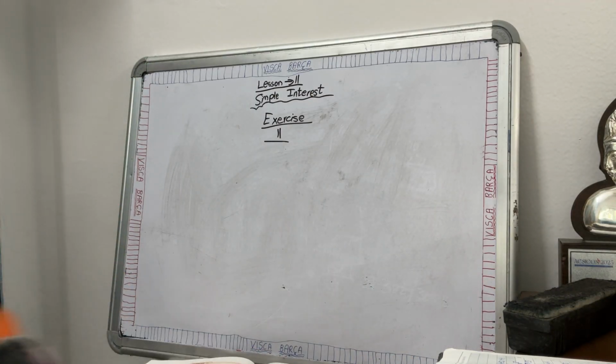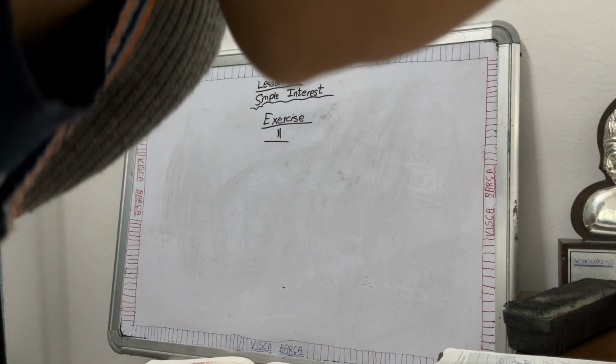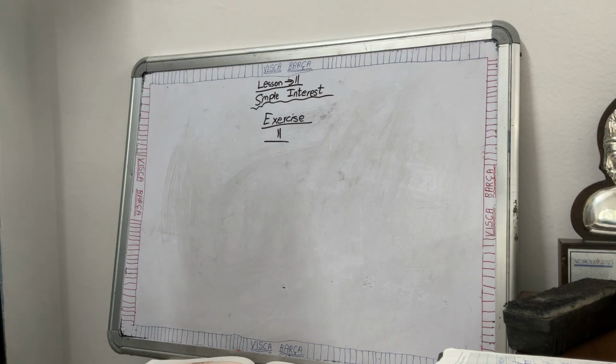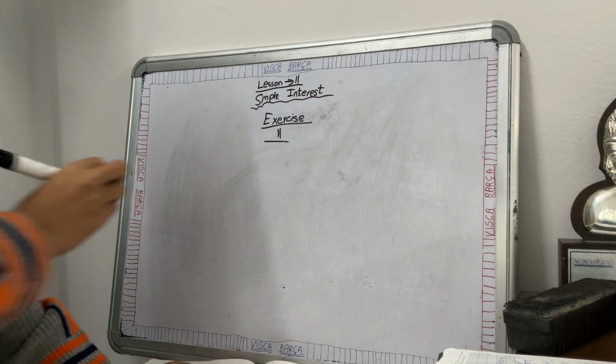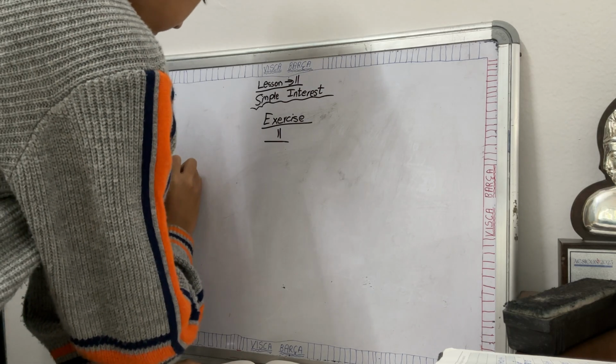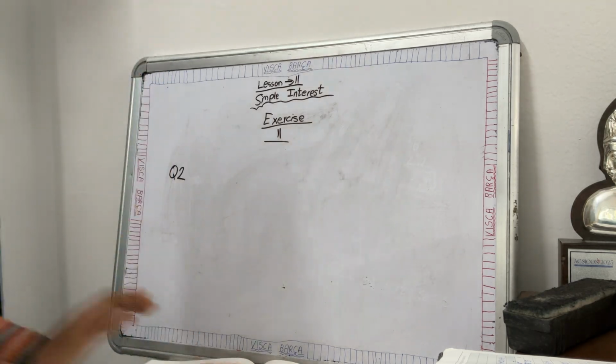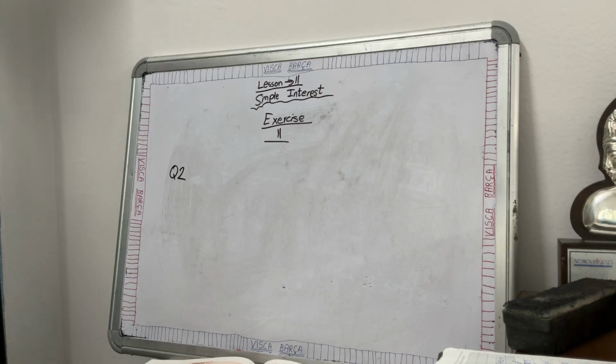Now I'll do question number 2 of this exercise. I'm not copying down the question, I'll just read it. On what sum of money does the simple interest for 10 years at 5% become rupees 1600?